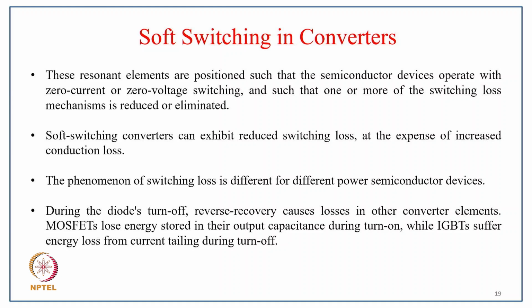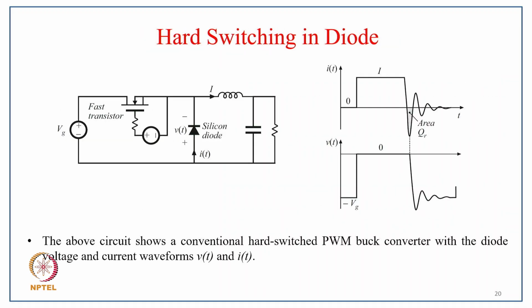Soft switching converters can exhibit reduced switching loss at the expense of increased conduction losses. The phenomenon of switching loss is different for different power semiconductor devices. During diode turn off, reverse recovery causes losses in other converter elements, and MOSFETs lose energy stored in their output capacitance during turn on, while IGBTs suffer energy loss from current tailing during turn off.